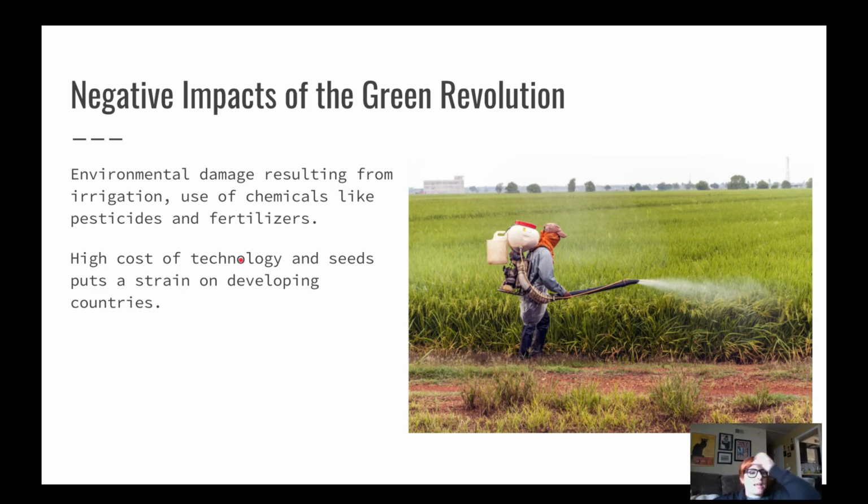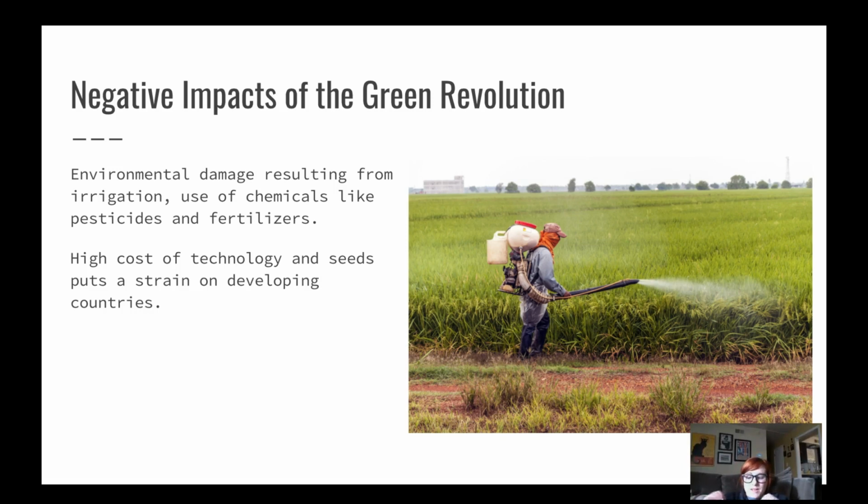Okay, but the negative impacts of the Green Revolution is that with chemicals like fertilizers and pesticides, those things are not great for the environment, okay? Also irrigation. Irrigation causes digging and the need to alter the environment, and whenever man alters the environment, there are negative consequences, right? It's done for a reason, and it usually does the job that we intend it to do, but there's like these unintended negative consequences a lot of the time.